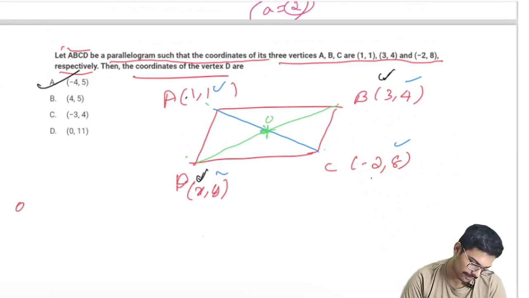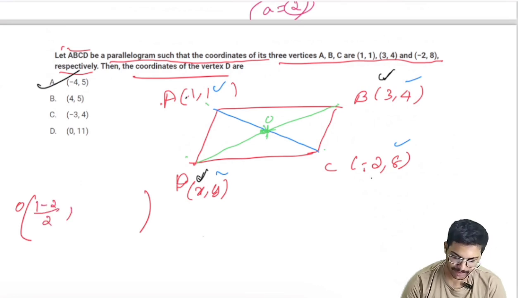So what is the coordinate of O when you take A and C? O will be the sum of x coordinates divided by 2, comma, 1 plus y coordinate, the sum of y coordinates divided by 2.